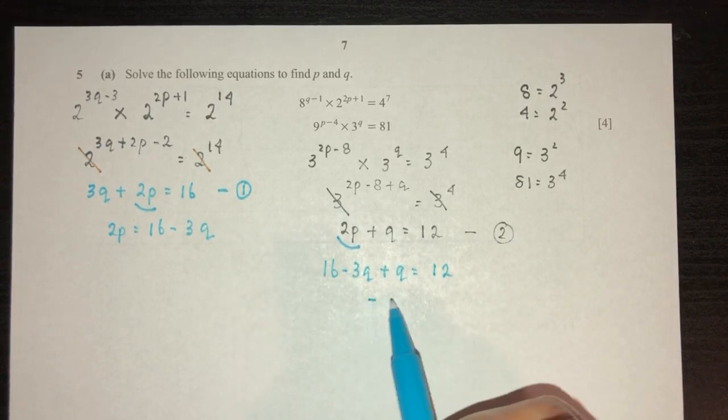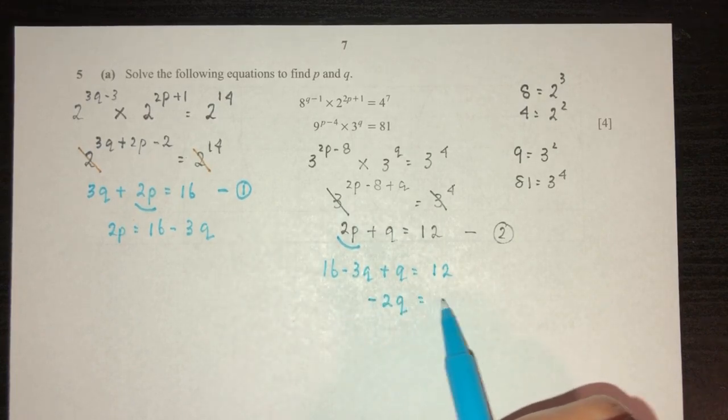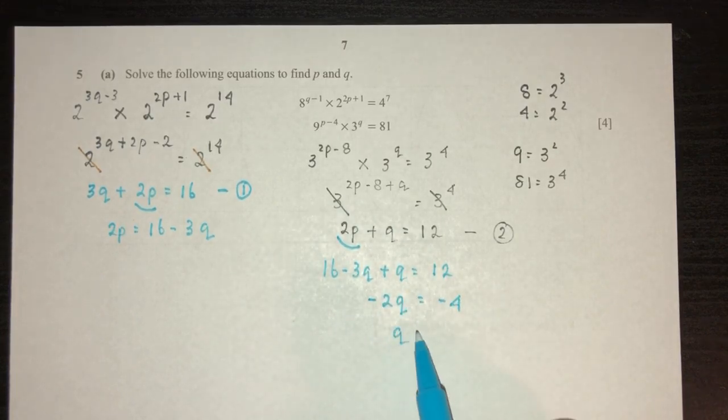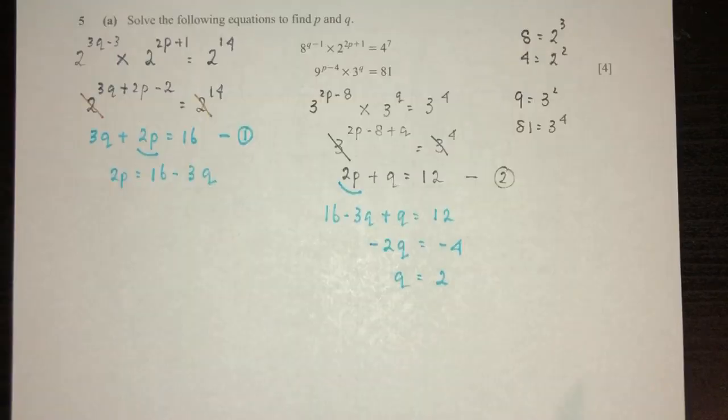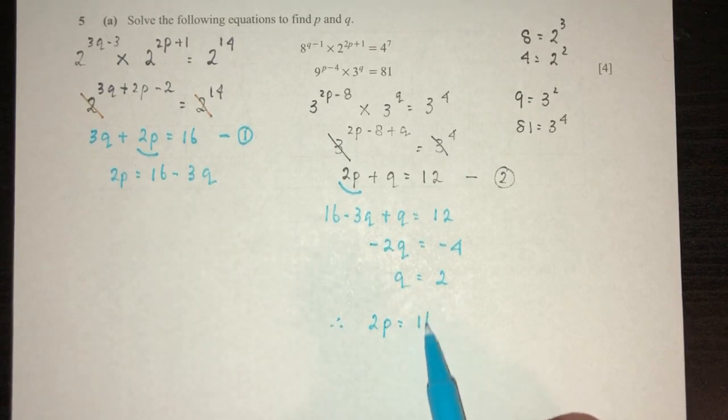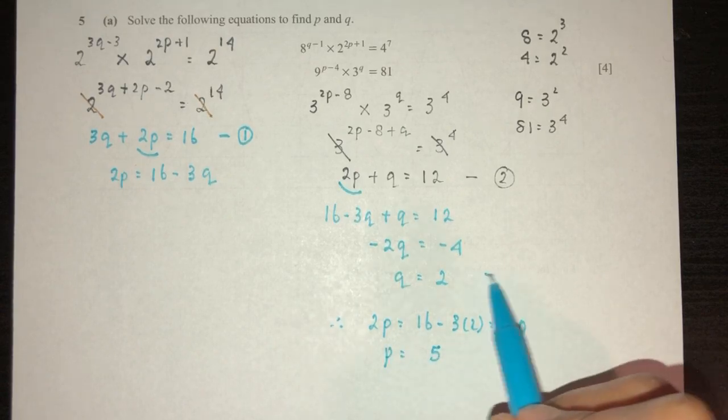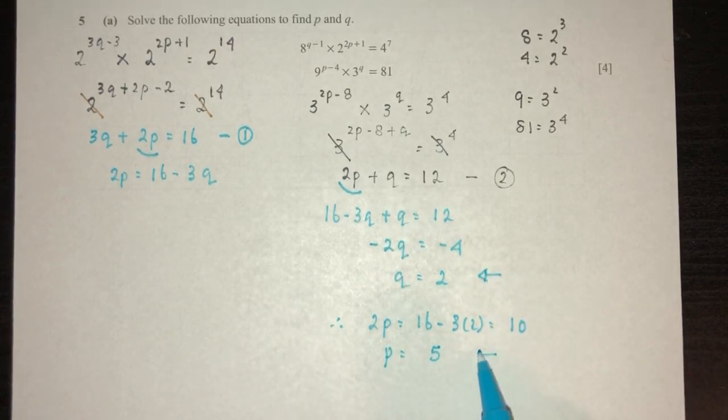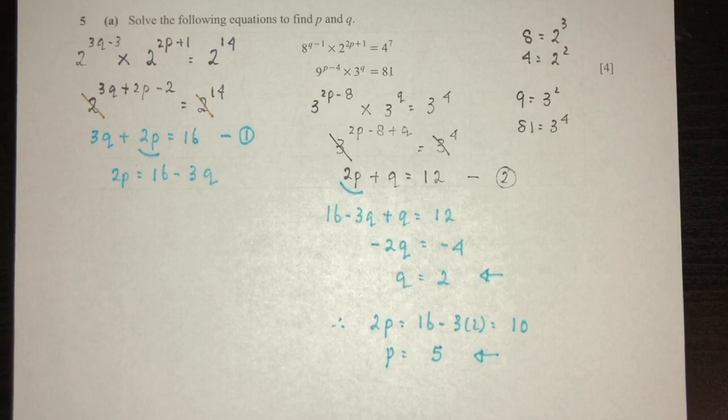So you have minus 2q is equal to minus 4. So q will be 2, right? Now for the value of p, 2p is equal to 16 minus 3 times 2, that will be 10. So p will be 5. So we have these two values of p and q.